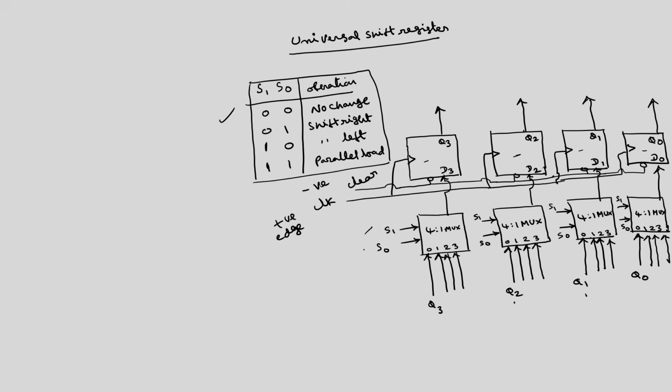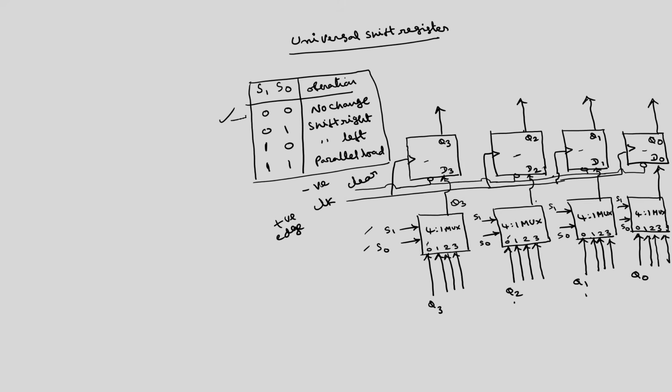Whenever S1 S0 is 0 0, this 0th input will be selected. So, the output will be simply Q3, Q2, Q1, Q0. When the input is Q3, the output is also Q3. So, it will remain in the same state.